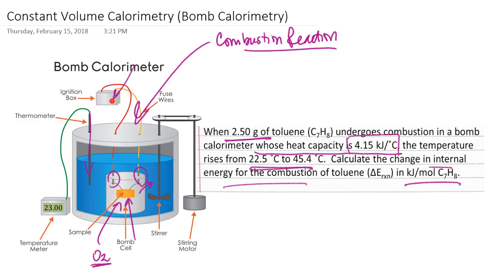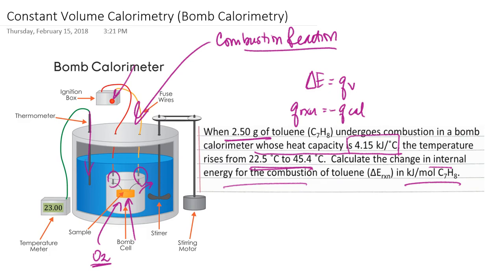So recall, under constant volume conditions, the change in internal energy is the heat exchange under constant volume. But again, basically what's going to happen is any heat that is actually generated by the reaction is going to be lost to the calorimeter.